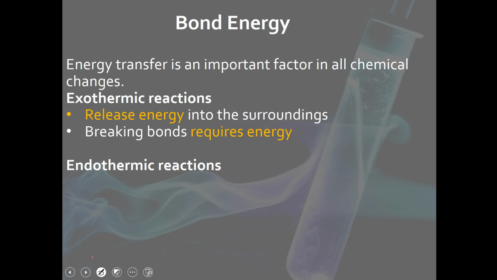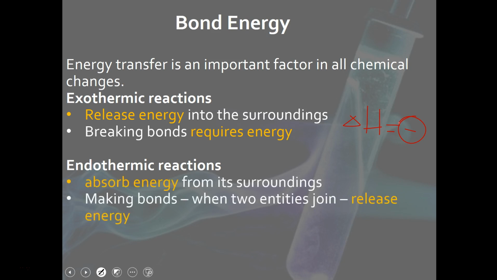All right, so exothermic, we release energy, and so breaking of the bonds in an exothermic reaction releases energy. And generally that means that the reactants have more energy than the products. My delta H is what? Negative. And if it's in the chemical reaction, is it a reactant or product?